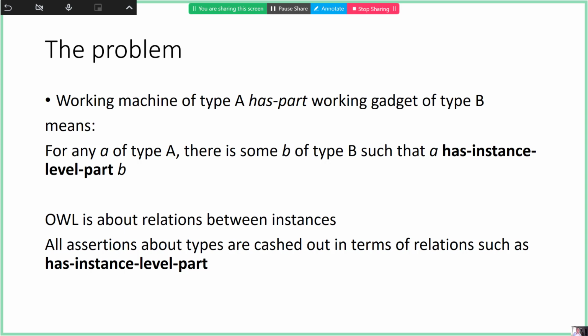And so the problem arises as follows. In OWL, and I believe this is quite correct, this is the way OWL works, and there's nothing wrong with it.